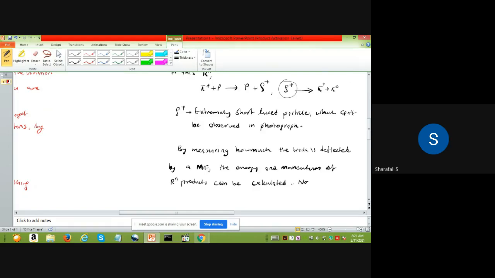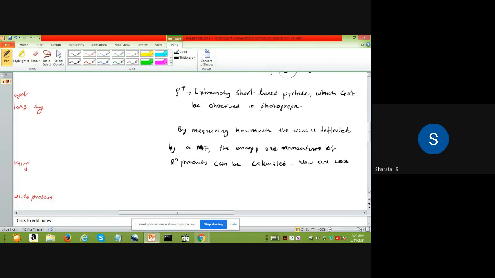So from this, if you know the energy and momentum of the reaction products, then one can easily calculate the rest mass energy of the hypothetical extremely short-lived particle.